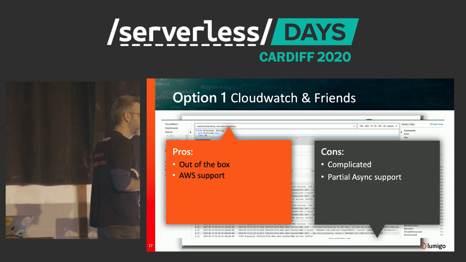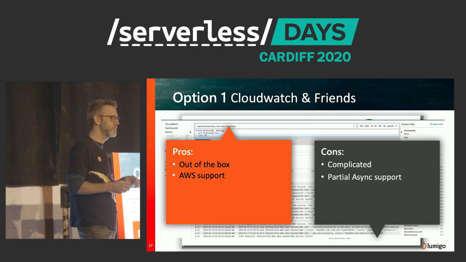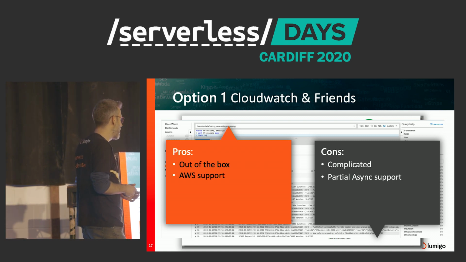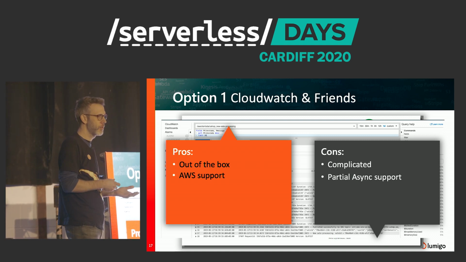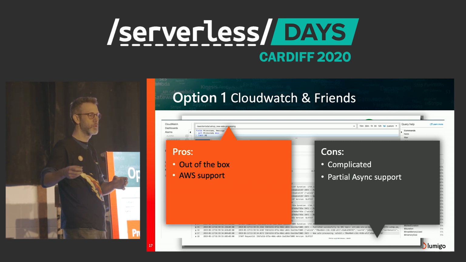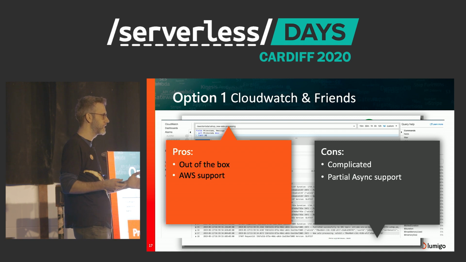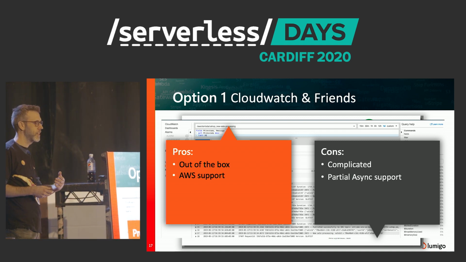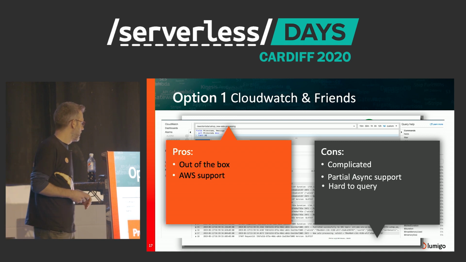The cons: it's complicated. The different services of CloudWatch are not directly connected. You have only partial asynchronous support. So X-Ray doesn't make the connections between all the different Lambdas. For example, Lambda, Kinesis, Lambda, you won't be able to see that connection in X-Ray.